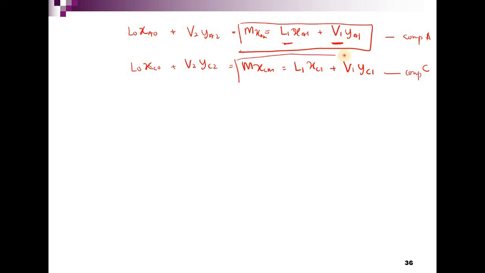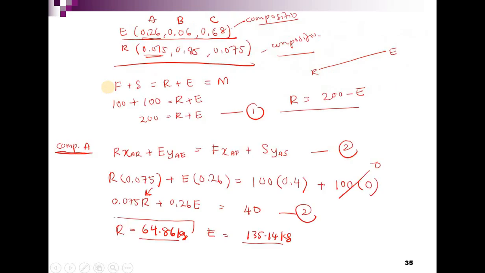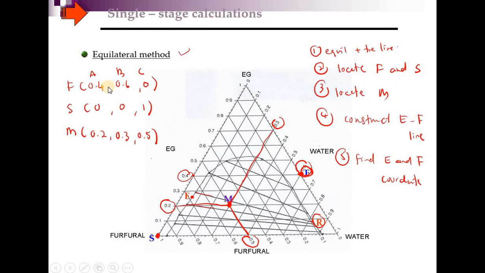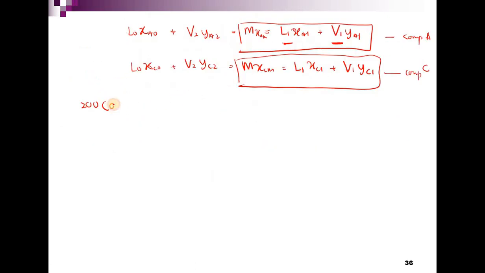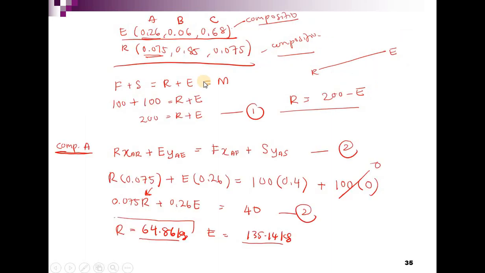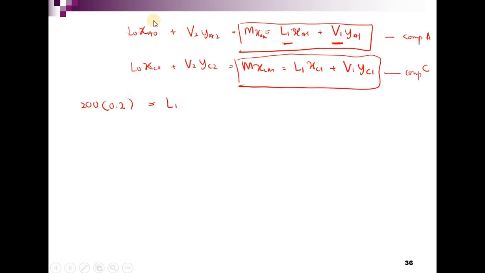Okay, I will take this equation. So M is 200, xAM we already found is 0.2, equal to L1, which we don't know, times xA1.